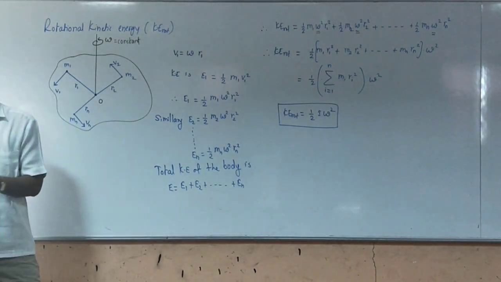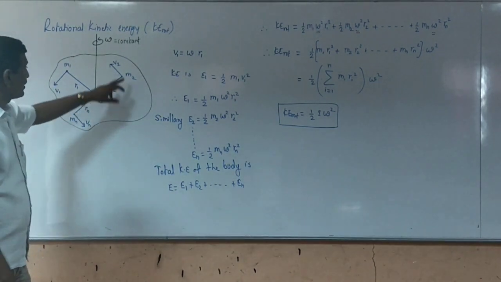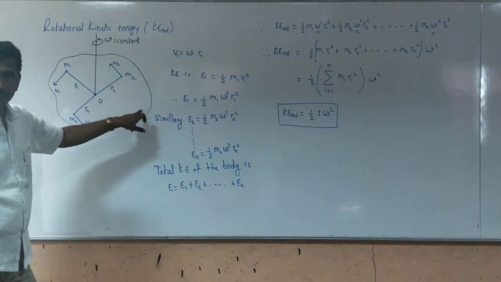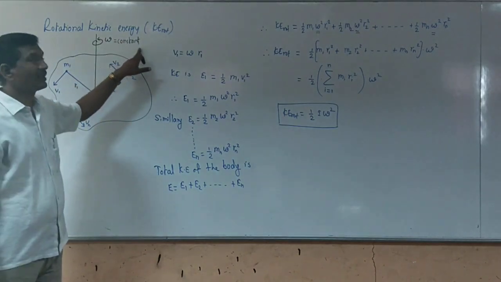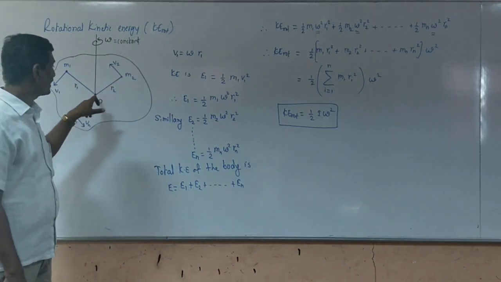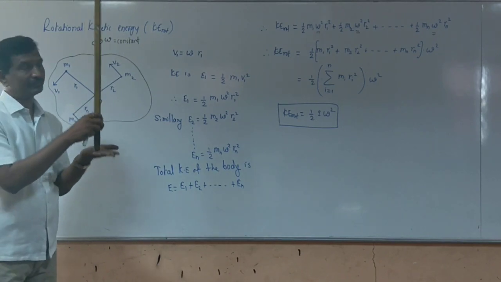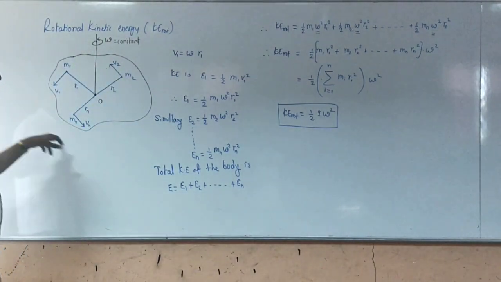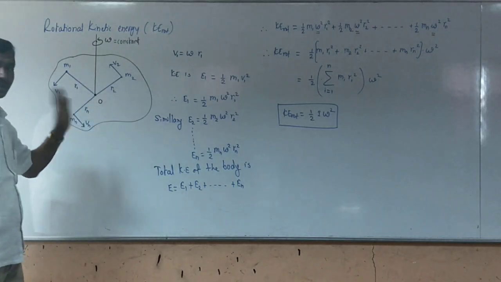See again. What is the theoretical discussion? Consider a rigid body of any shape. That rigid body is rotated with constant angular velocity omega about an axis passing through any point O and perpendicular to its plane. The body is made up of a large number of particles having masses m1, m2, mn.